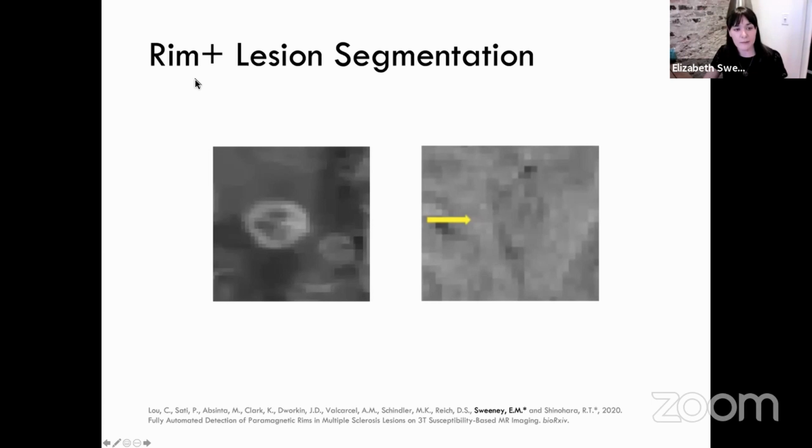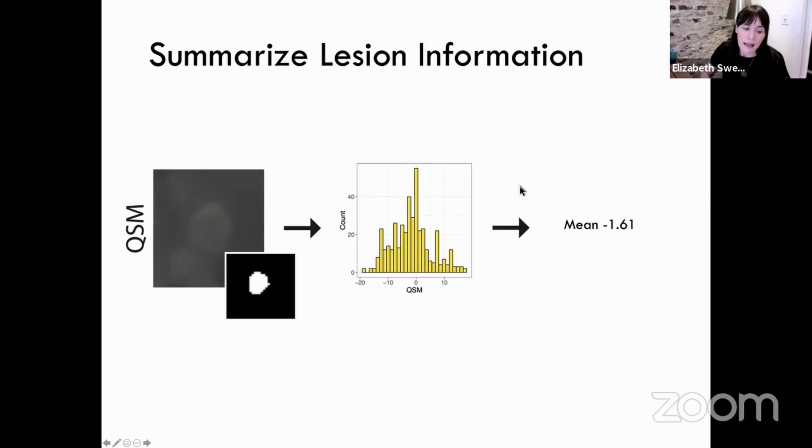One of the things that I've been working on is automated ways to identify rim-positive lesions. With a PhD student, Han Zhang at Weill Cornell, we've been working on deep learning methods to identify these rim-positive lesions. I've also done some work with Taki Shinohara and Carolyn Liu on identifying chronic active lesions on phase imaging. For this talk, we are actually going to take that complex information from the QSM rim-positive lesion and collapse it into a summary statistic.